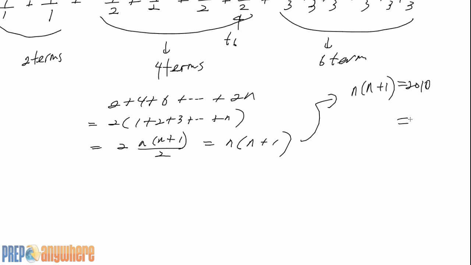Okay, 2010. This number 2010 occurred in one of the earlier questions. Look, this is 201 times by 10, right? Now this is a consecutive number.